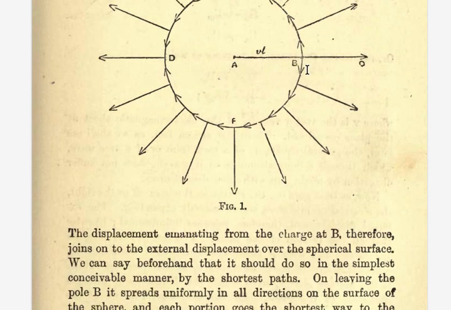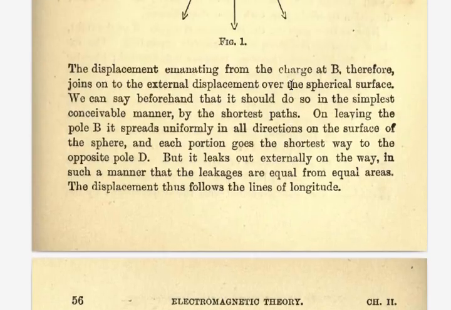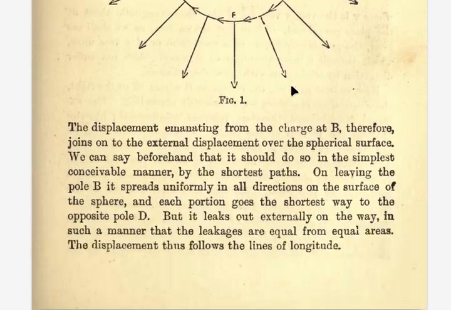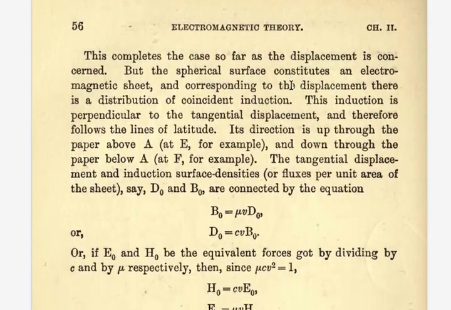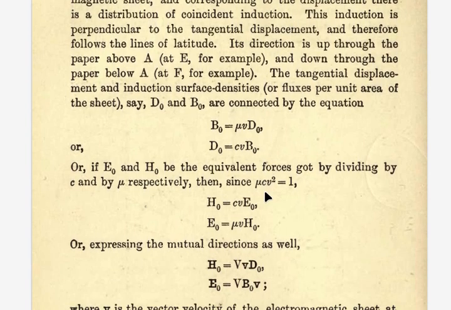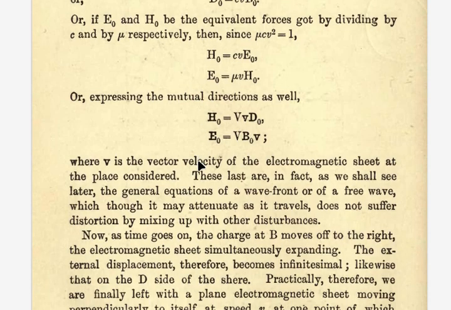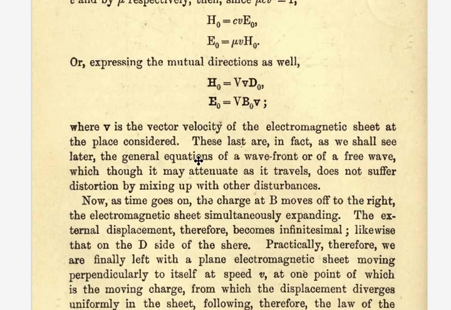The tangential displacement and induction surface densities, or fluxes per unit area of the sheet, say D0 and B0, are connected by the equation B0 equals μvD0, or D0 equals cvB0. Or if E0 and H0 be the equivalent forces got by dividing by c and by μ respectively, then, since μcv² equals 1, H0 equals cvE0, and E0 equals μvH0.